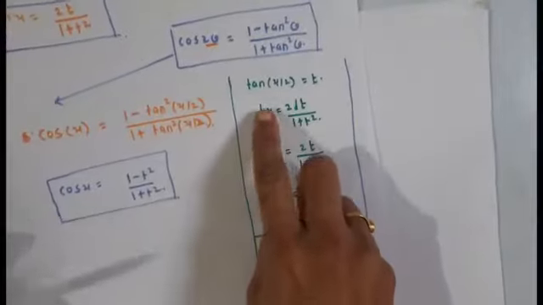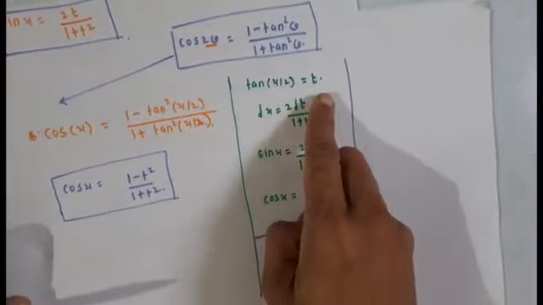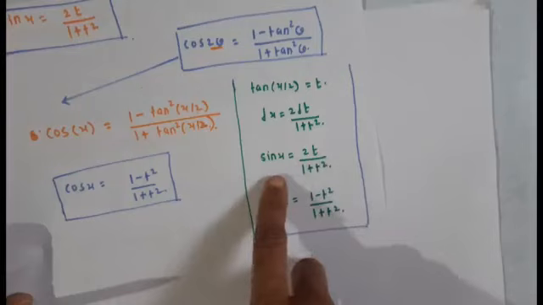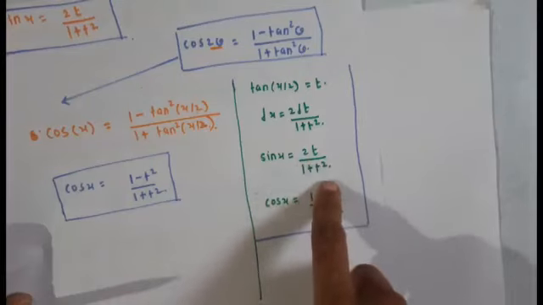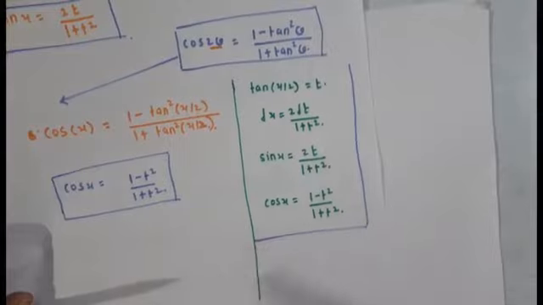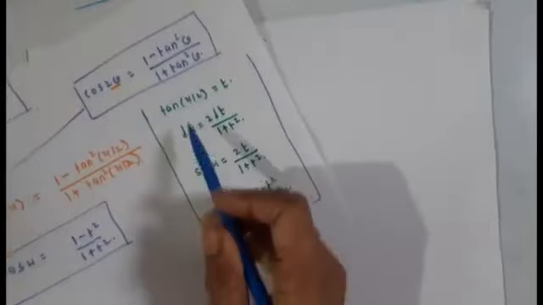Okay students, so we know that, according to this, put tan of x by 2 equal to t, dx equal to 2 dt upon 1 plus t square, sin x equal to 2t upon 1 plus t square, and cos x equal to 1 minus t square upon 1 plus t square. By using all these we have to solve the problem.